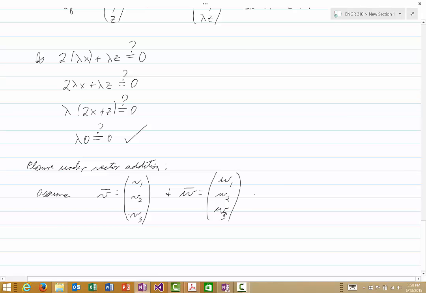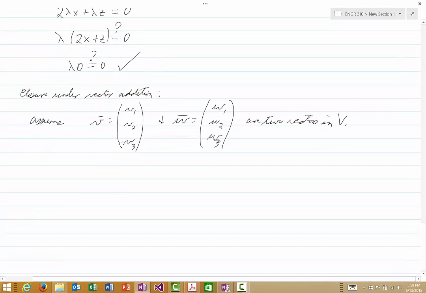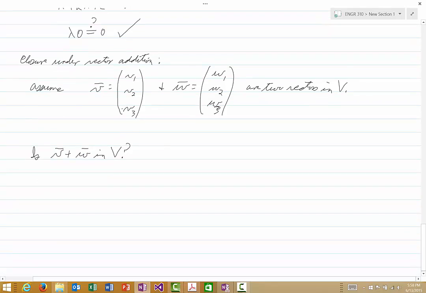We assume that those are two vectors in V. And now, in order to check closure under vector addition, we have to ask, is V plus W in V? That's the question.